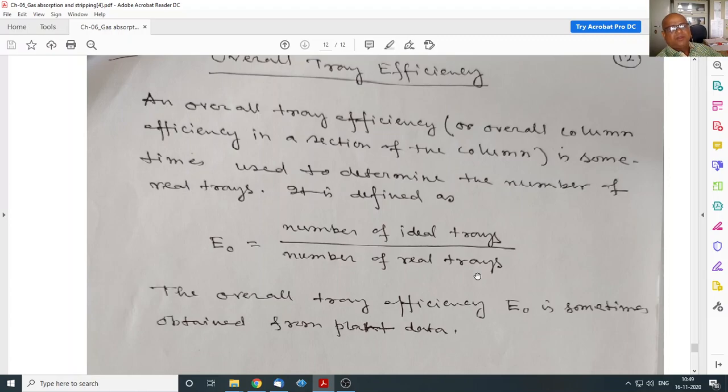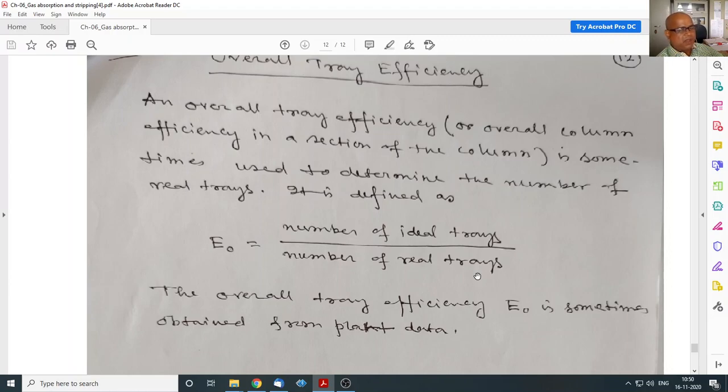So there are three efficiencies: point efficiency, Murphy efficiency, and overall efficiency. Some calculations are there, but they are not required much. You only need to understand the concept.